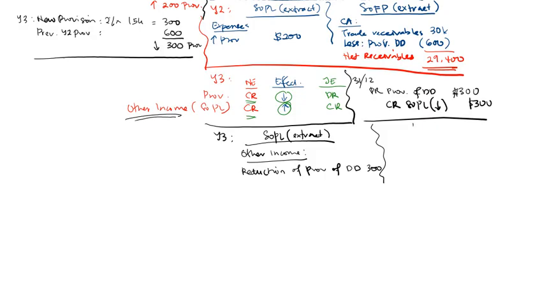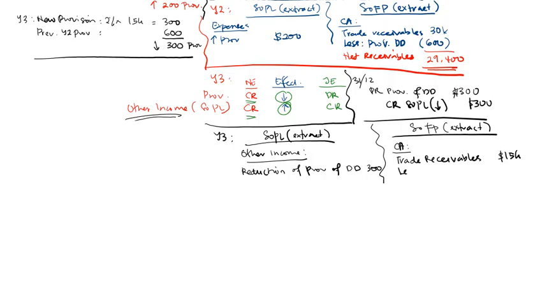However, again, I normally remind my students that the one that will be shown in the statement of financial position is not the difference, but the closing balance of the provision. Since we are given the information on the trade receivables for year 3, of 15,000, we'll put it there.